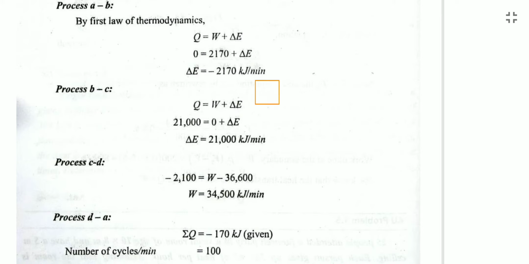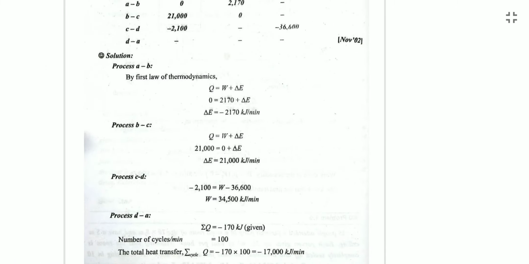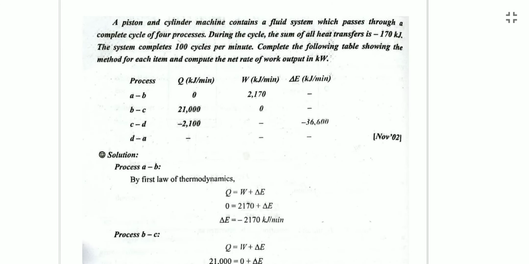And in the last process D to A, nothing is given. But in the question we can find that the net heat transfer is minus 170 kilojoule. Here heat transfer for three processes is given, the fourth process is unknown. But the sum of all heat transfer is minus 170, it is given.